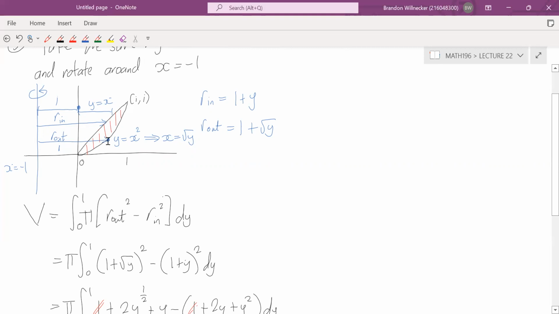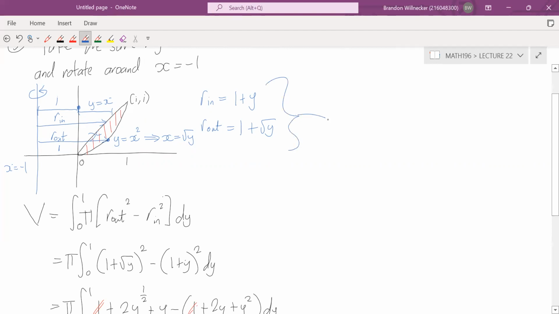For r out, we have the distance from the axis x equals -1 to the y-axis. That distance is 1. Then the distance from the y-axis to the curve, that little distance here is x. Okay, but we need to solve for x in terms of y. So if we have y is equal to x squared, then x is equal to root y.